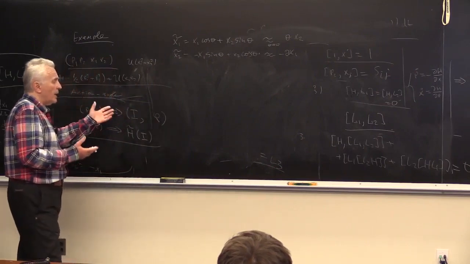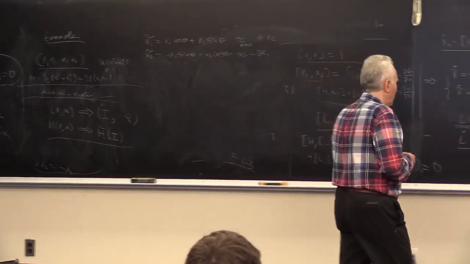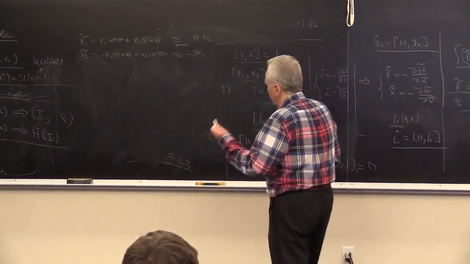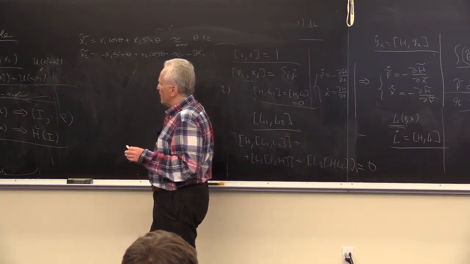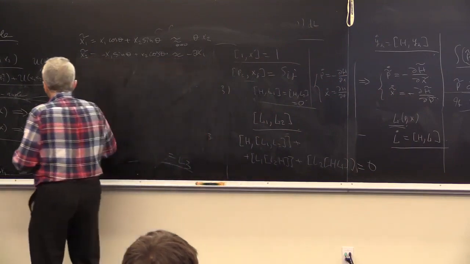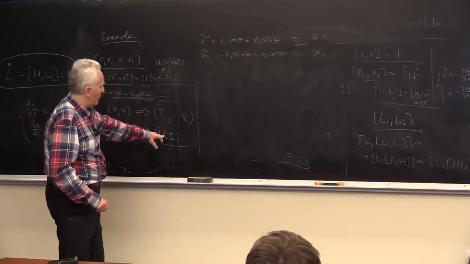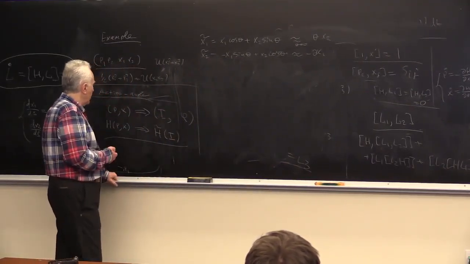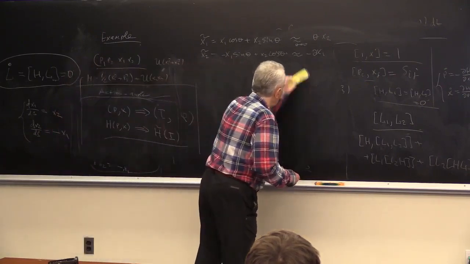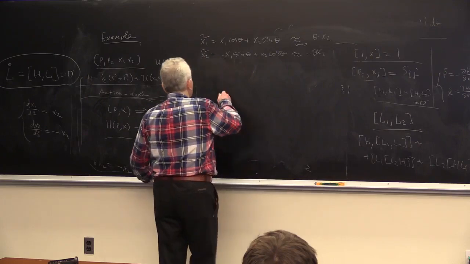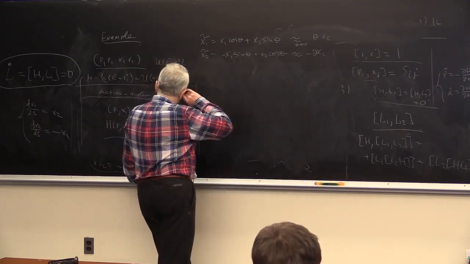So action angle variables are just canonical variables with the same Poisson brackets, but such that your Hamiltonian depends only on momenta. It's a canonical momentum, so it depends only on momenta. And we can try to do it first for the Hamiltonian.